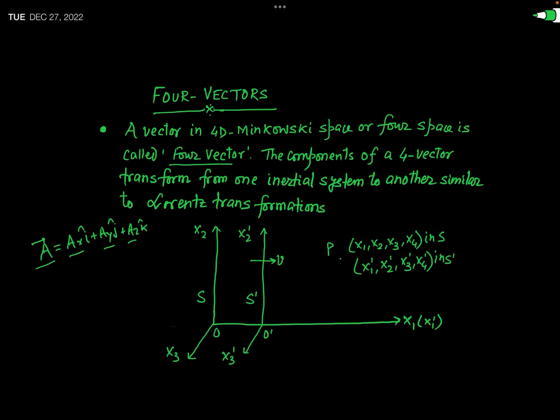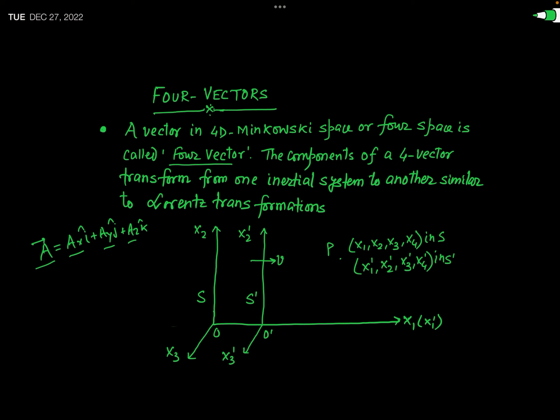So similarly, any four vector in four-dimensional space follows the same rule of transformation. It means you can say that the components of a four vector also transform from one inertial system to another in a similar manner. That is, these components are also transformed in accordance with the Lorentz transformations. Okay.